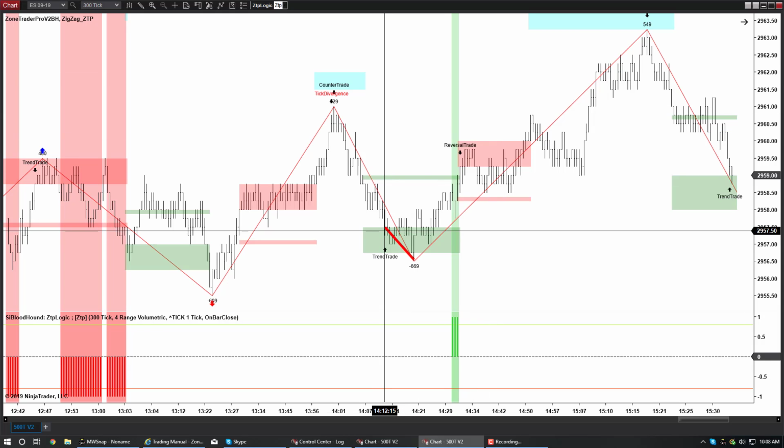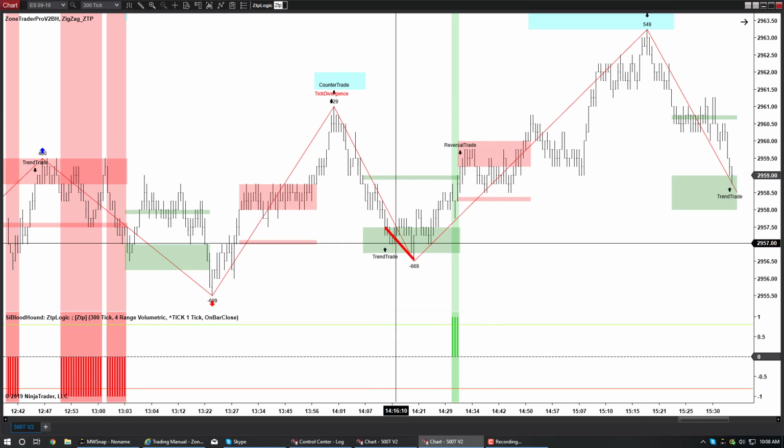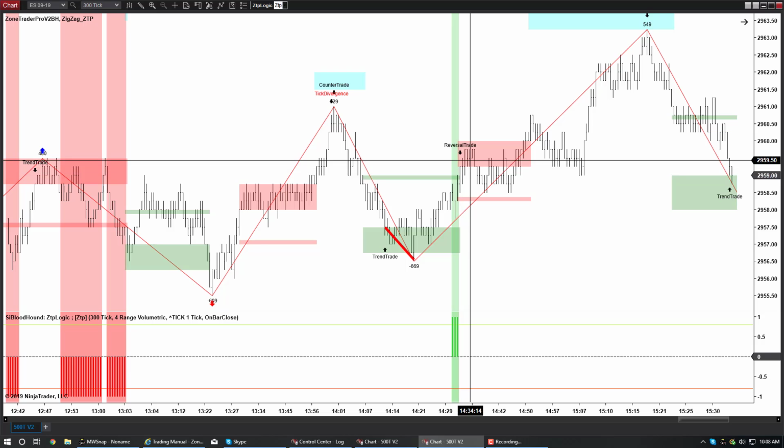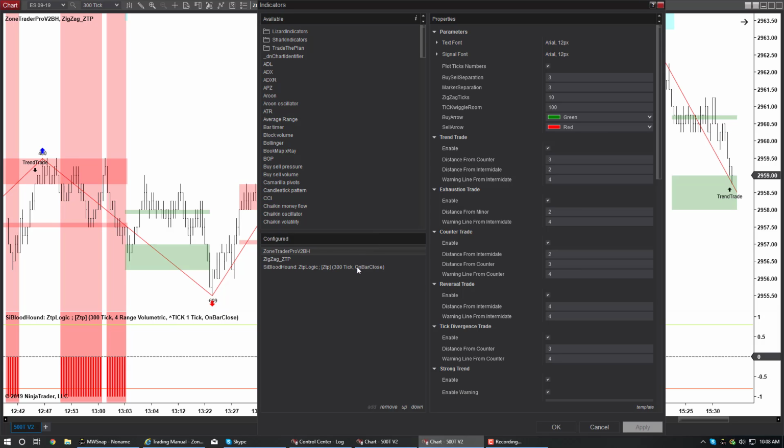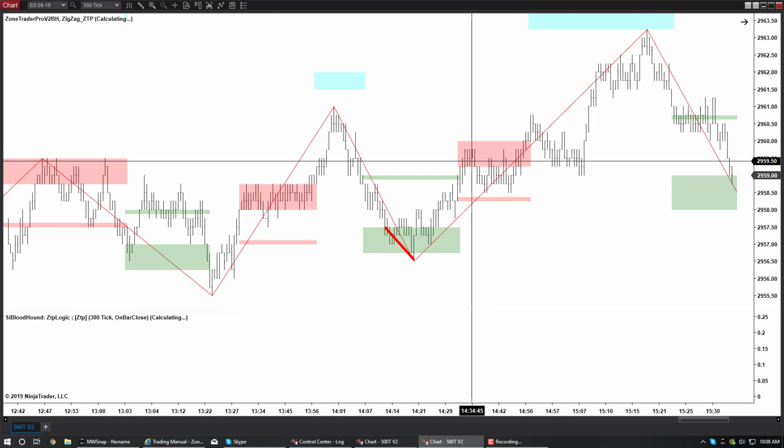My indicator for the Bloodhound is set to 5 to match what is in my indicator. So let's change that back to a 5, and you're going to see the reversal trade go away.